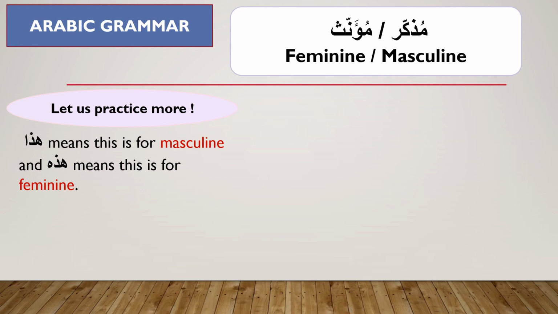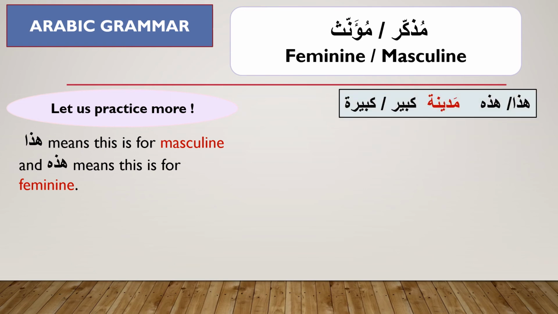Let's do more practice. Again, remember هذا and هذه are used for this is for male or masculine, هذه, this is for female or feminine. Look at the word Medina. Right away, the minute we see ta marbuta at the end, we know the word Medina, which means city, is a feminine noun.